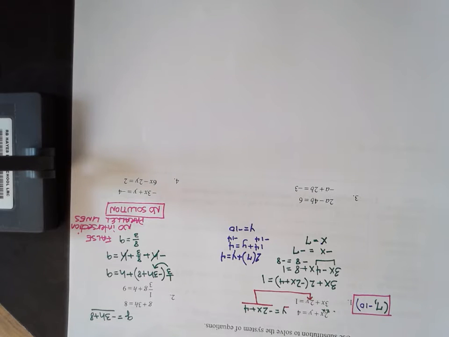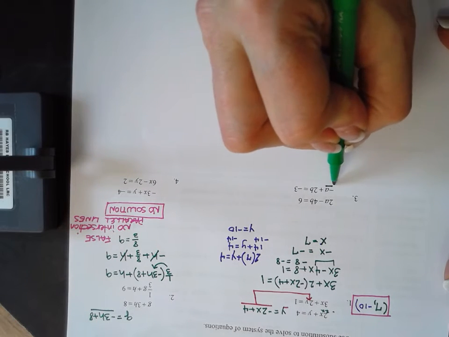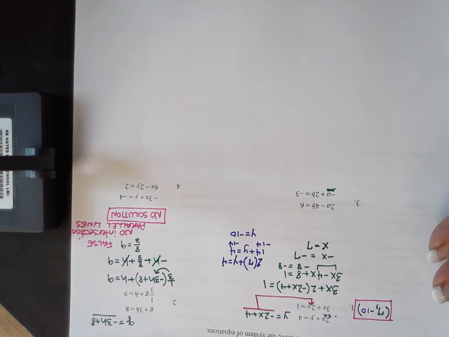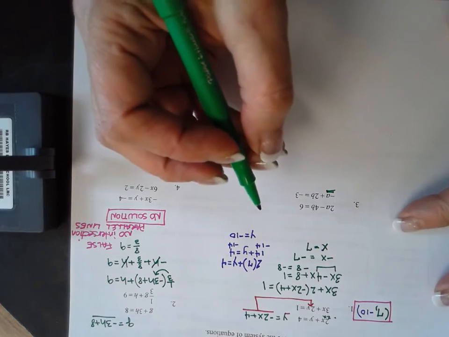All right, ready? One more? Okie dokie. So, which one do you want to solve for? I want to do the second one because my A is by itself. Yes, you do. So that's okay.